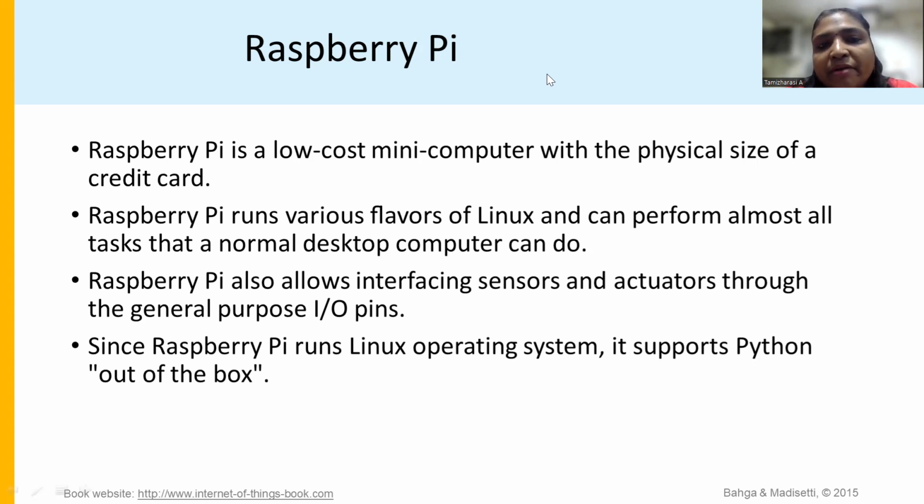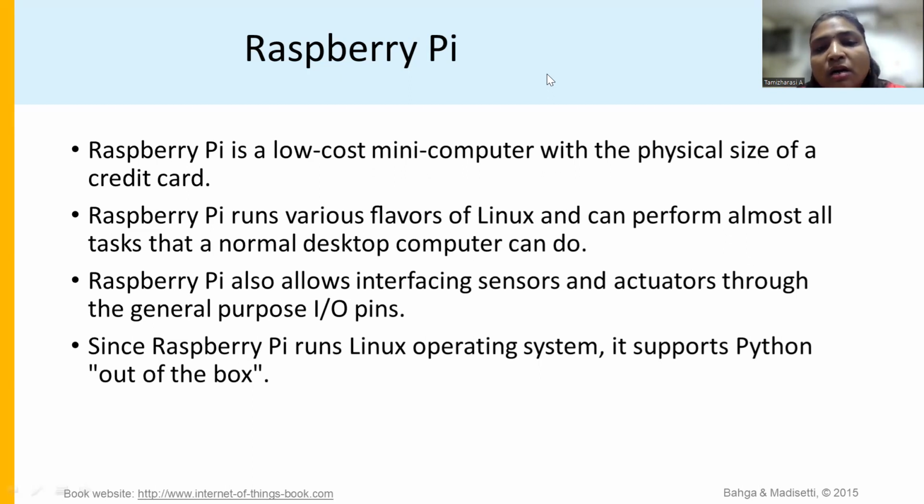This can run on various Linux-based platforms, and it can perform almost all the tasks that a normal computer can do. The Raspberry Pi helps you interface sensors and actuators through the general purpose input output pins, GPIO pins, through which you can connect with the sensors and actuators.